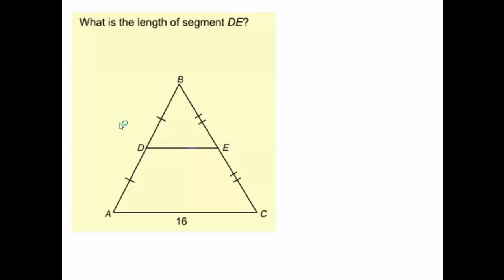Okay, what is the length of segment DE? Well, when we look at this, we're looking at a mid-segment of a triangle. You remember the mid-segment of a trapezoid: you add the bases and divide by 2.